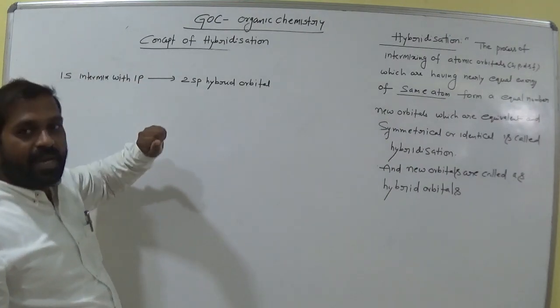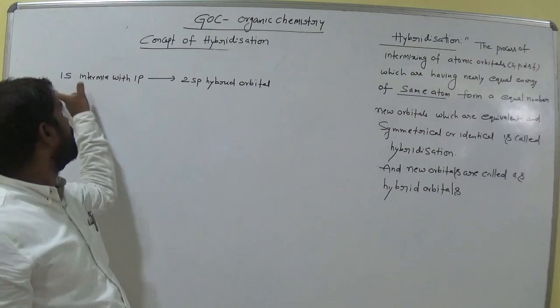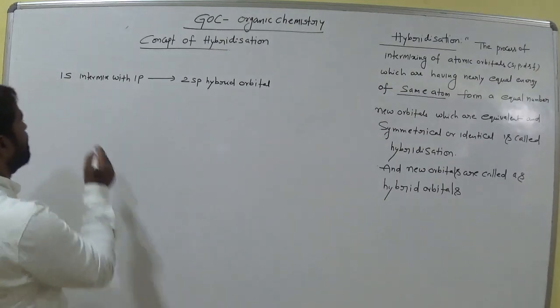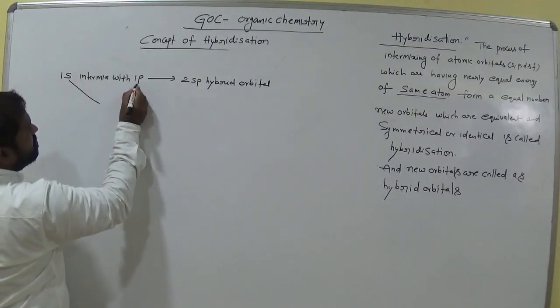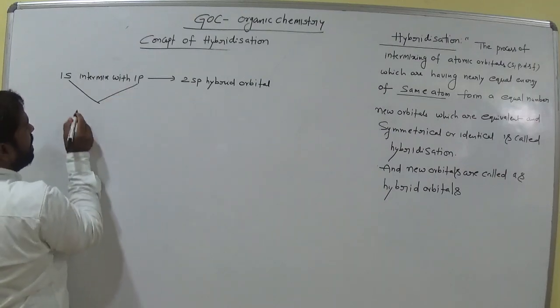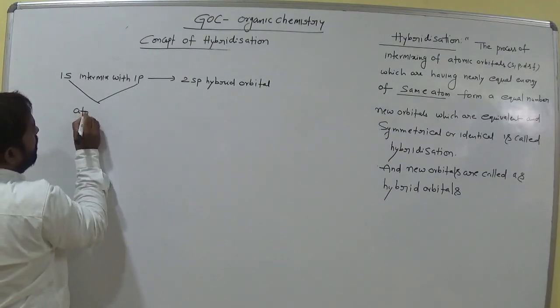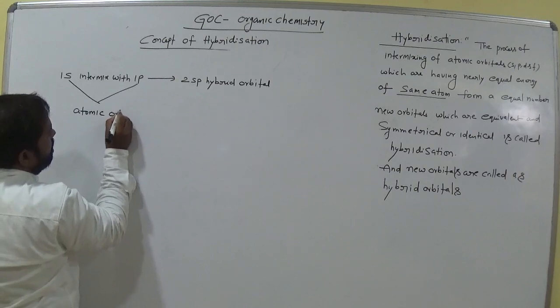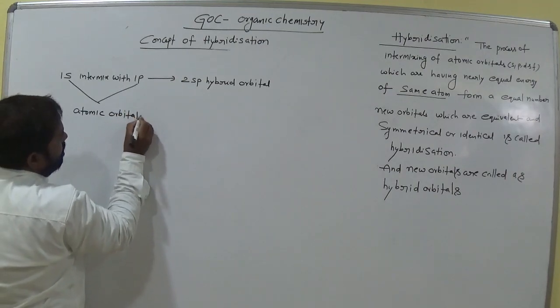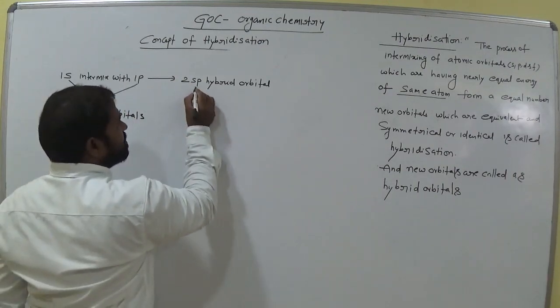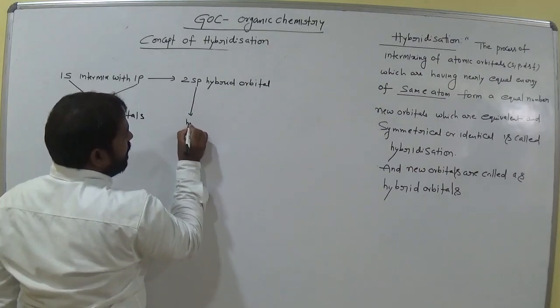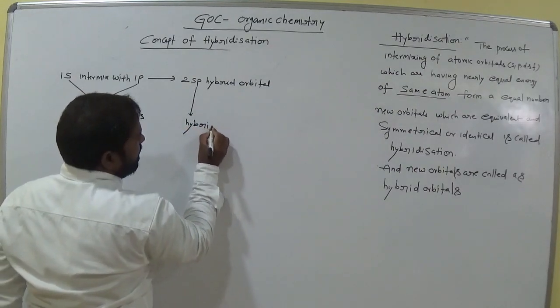How many sp hybrid orbitals are formed here? Two. Why? Because two atomic orbitals are involved here. Here s and p have nearly equal energy, and we call them atomic orbitals. And this one, sp, is a hybrid orbital after intermixing.